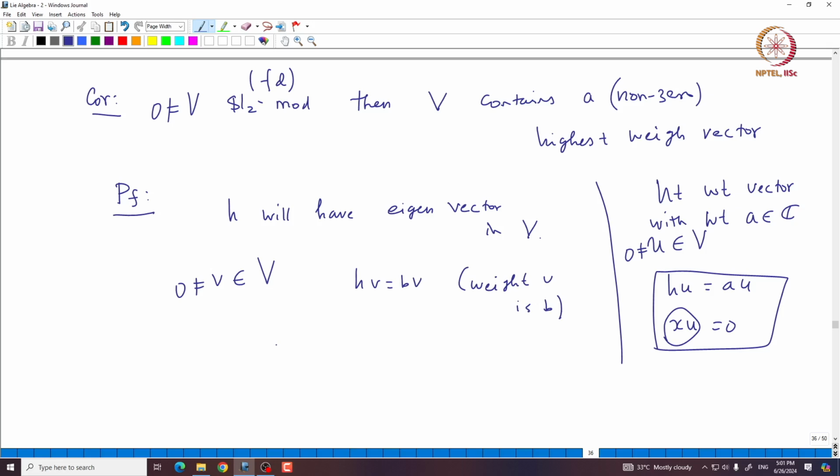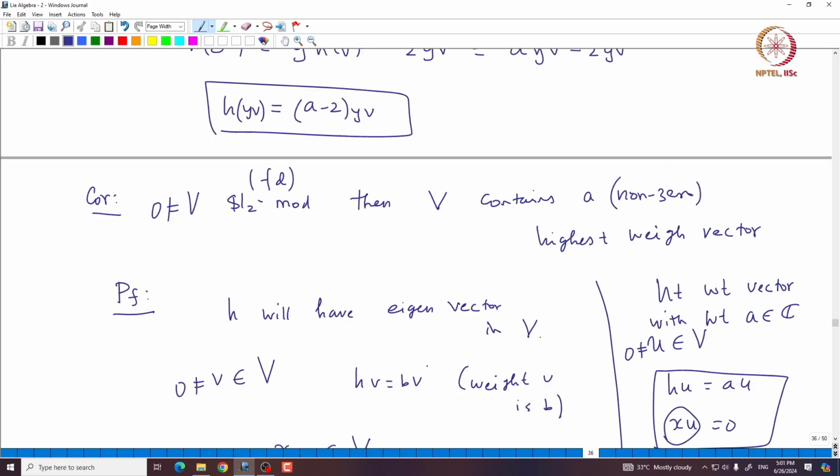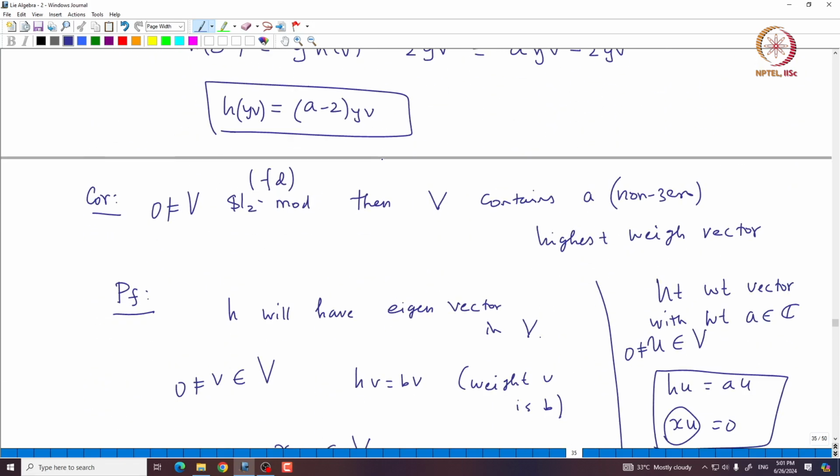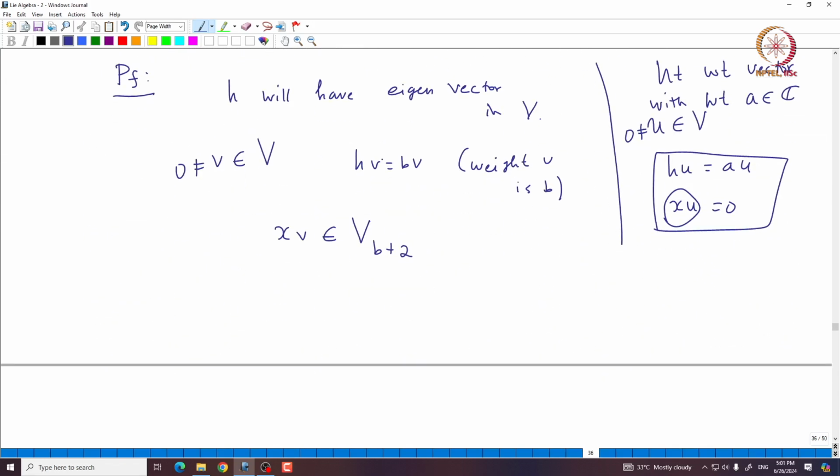Now, what happens if you apply X? If you apply X on v, this is going to lie inside V_{b+2}, because the action of X increases the weight by 2. Now, you keep applying X. Then we get X^i v, which lies inside V_{b+2i}.